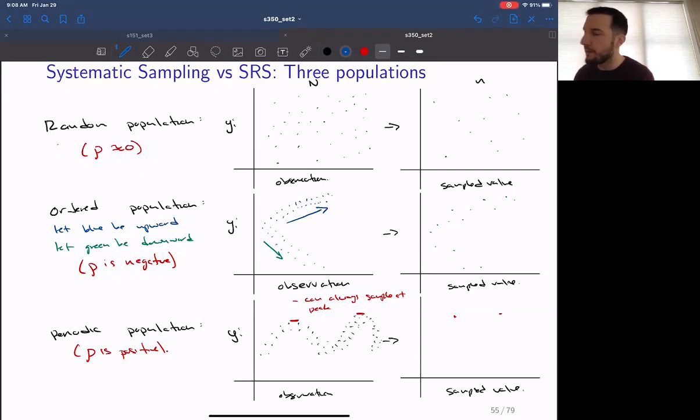So in red, I've only sampled 2 points here, but the red illustration is showing that we are sampling from the tops of the curve. So from the peaks of the sine curve, or from the peaks of the curve. It might not be a sine curve, but in this case, what we would expect to happen is the values in the systematic sample that we collect, because we're always hitting the top of the curve, are going to be very similar to each other. So this would indicate a positive rho.